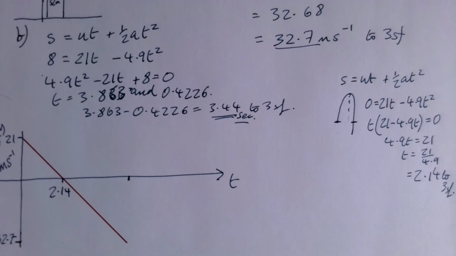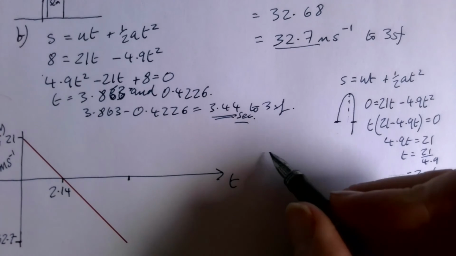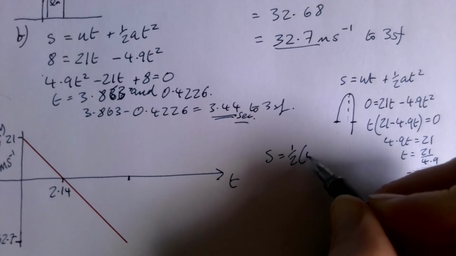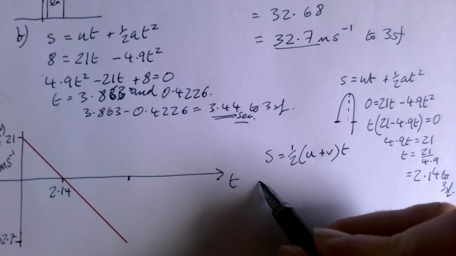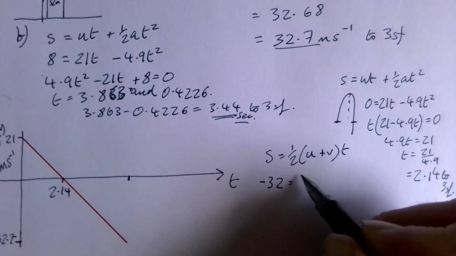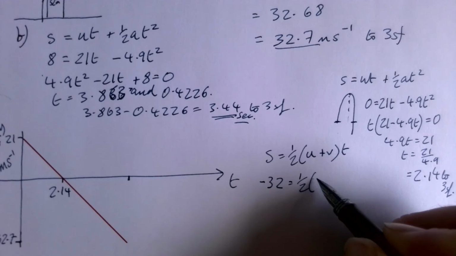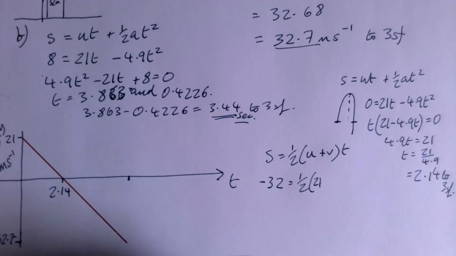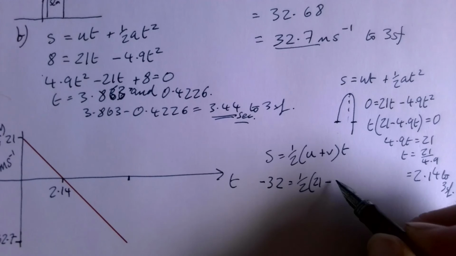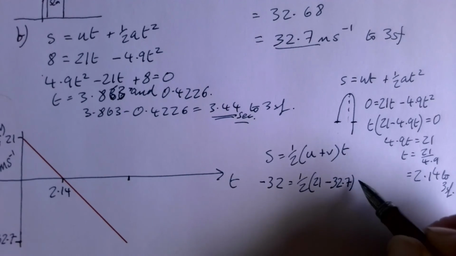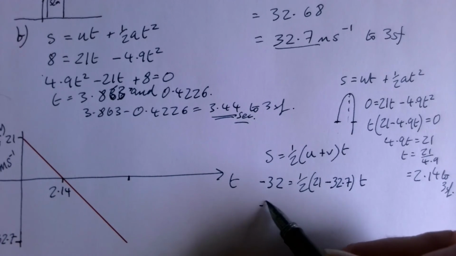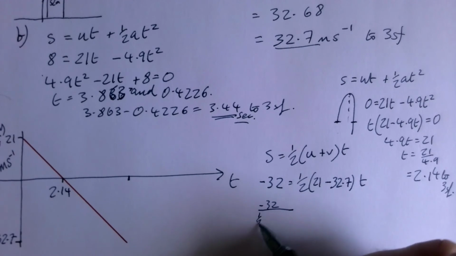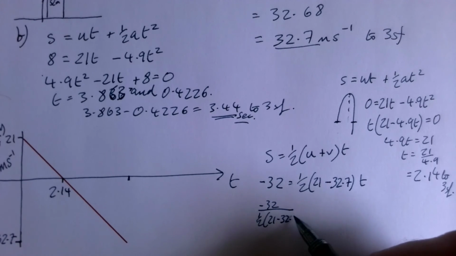So that's 2.14 there, and then all we need to know is the time when it hits the ground. And I think the neatest way of doing that is using s equals a half u plus v t, because we know that the ground is negative 32, then we've got a half, we know the initial speed is 21, we've worked out that the final velocity is negative 32.7, so our time is just going to be negative 32 over a half, 21 take 32.7.